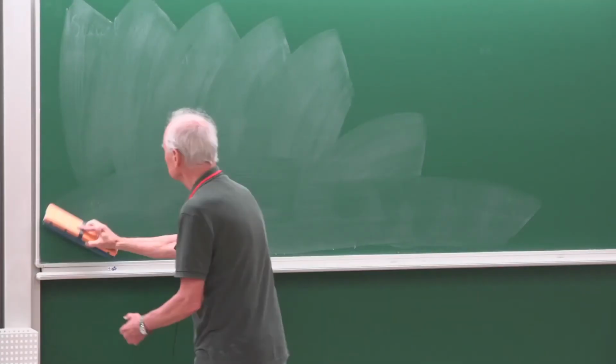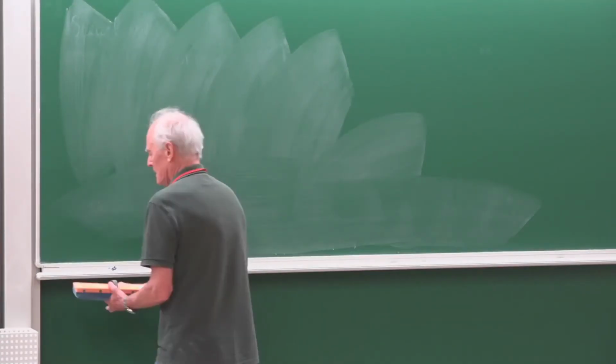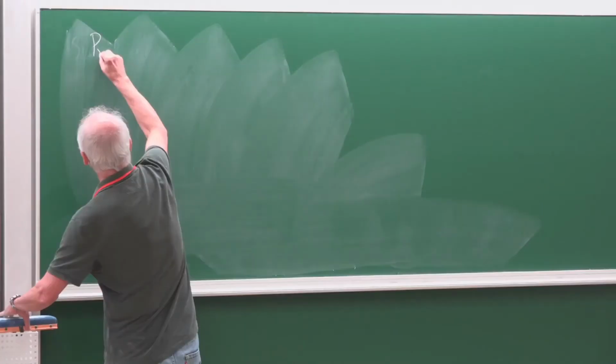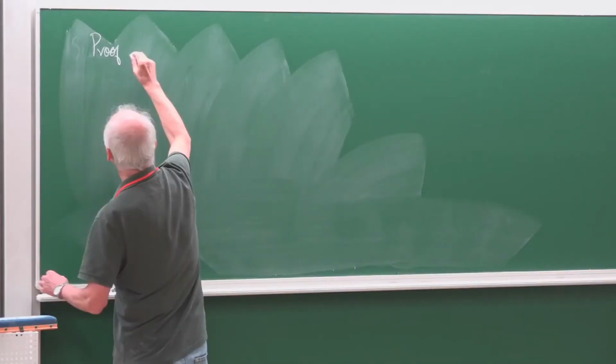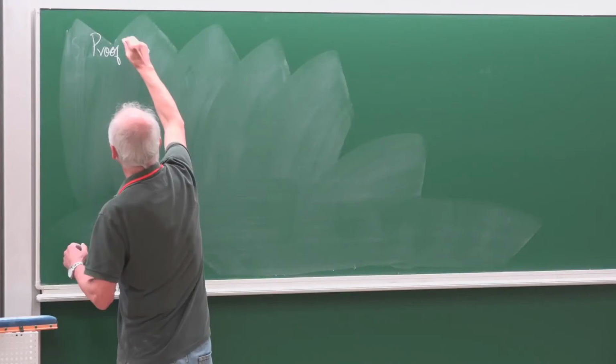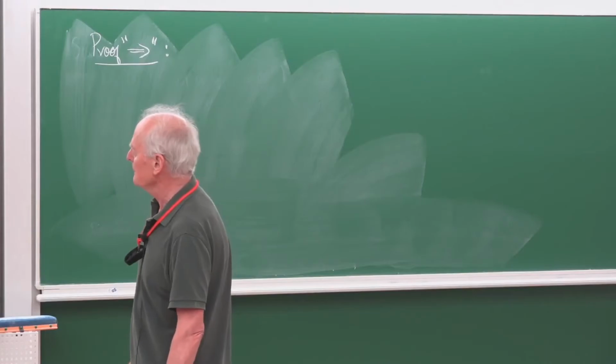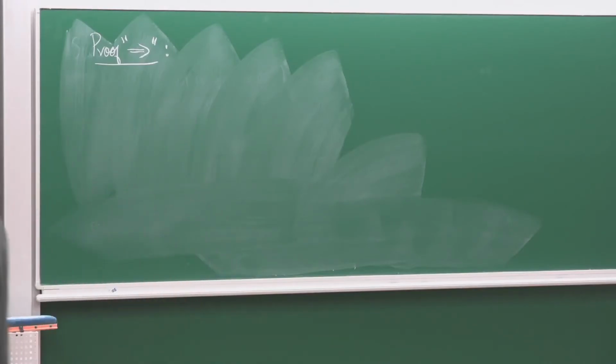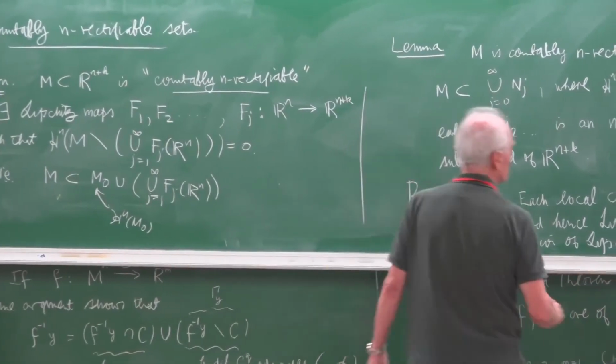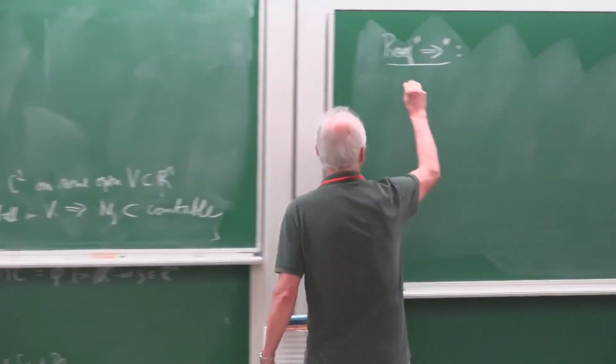So, proof going in this direction. And this is where we get to use some of the machinery that we developed earlier on, a few lectures ago. Namely, I'm going to apply the C1 approximation theorem to each of these Lipschitz maps.